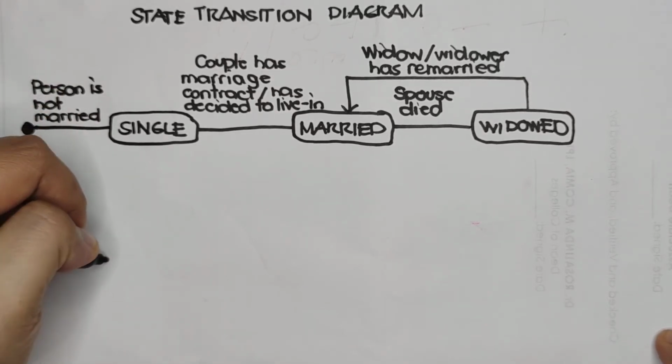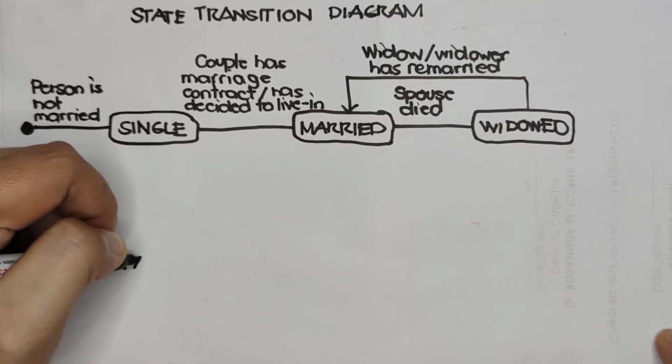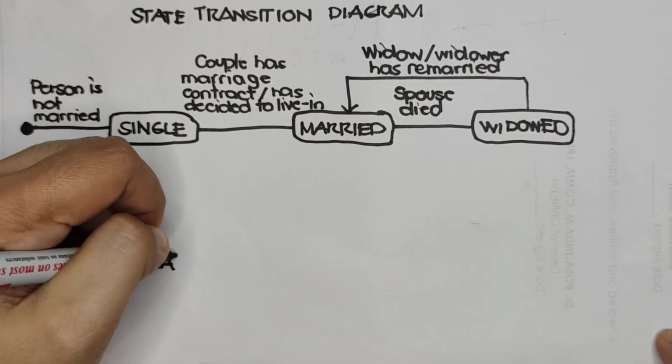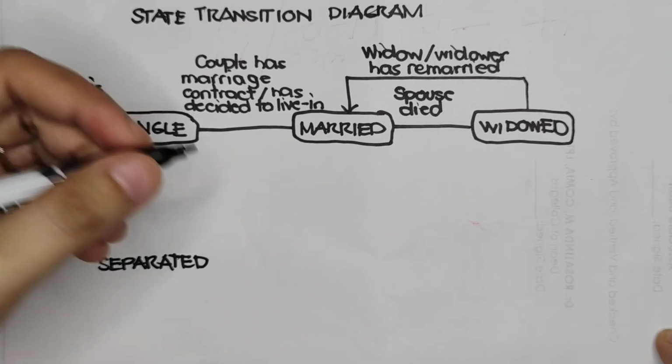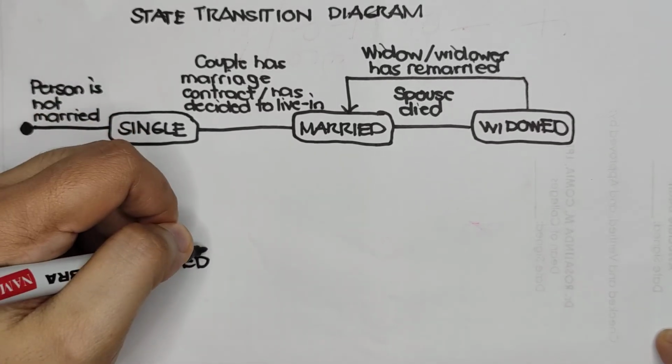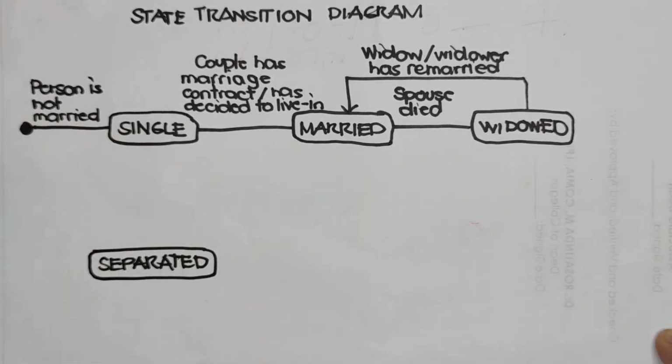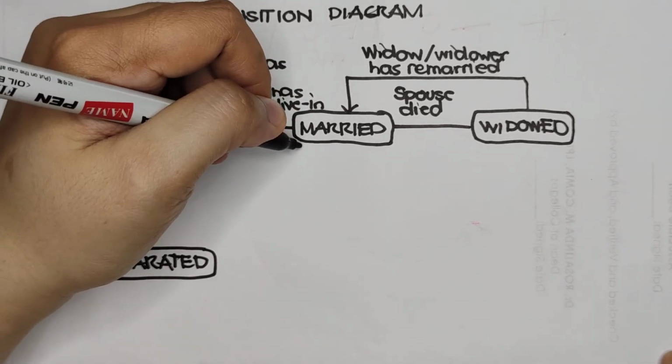We have separated. For our separated state, why will a married couple become separated?